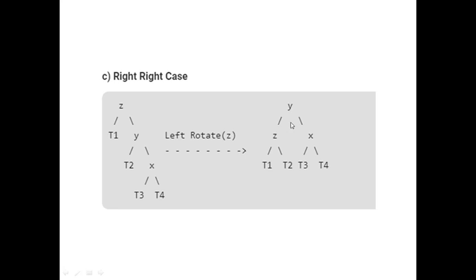One more important point to note here is that y had an original left child, which is t2. Now when you make y the root, z is going to occupy the space of the left subtree for y. So z is going to become the new left child of y.